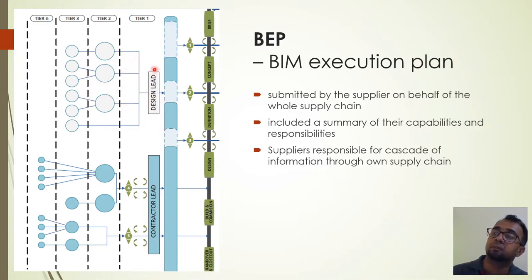Say for example, the design lead may be an architect, so he may have subcontracted the structural work to a structural engineer, quantity survey works to a quantity surveyor. Likewise, there will be a number of parties below him, and they may also have subcontracted certain parts to other parties.